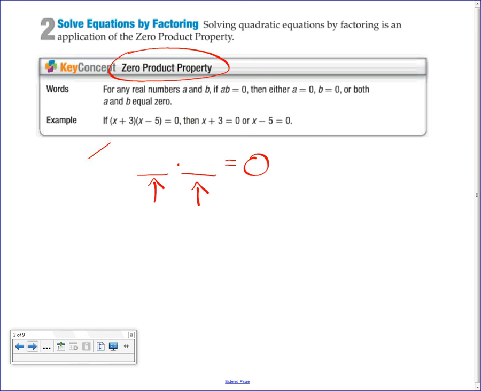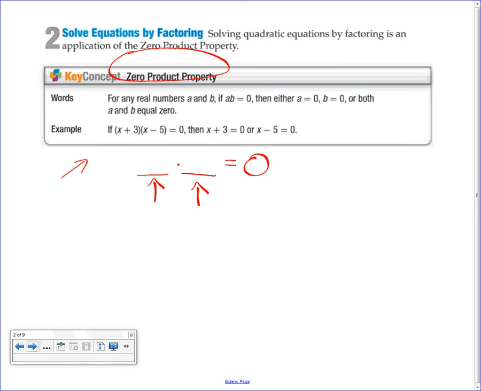Now, when we look at a polynomial, such as this one right here, we know that since they multiply together to give us 0, either x plus 3 has to be 0, or x minus 5 has to be 0. So in this case, if x plus 3 equals 0, that would mean that x would have to be negative 3.